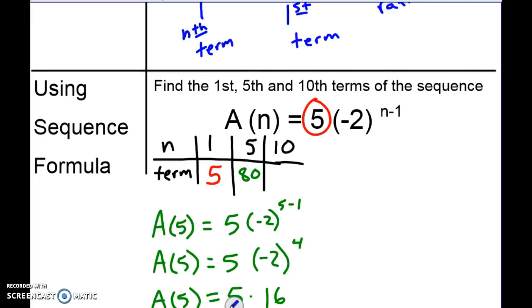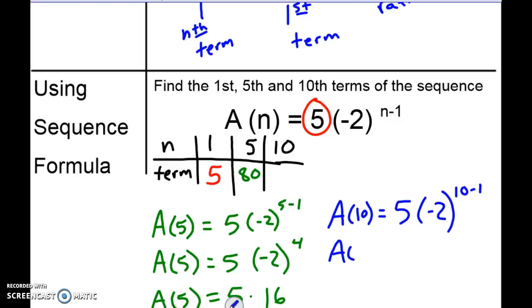If you wanted to find a of 10, you would say we have 5 times negative 2 to the 10 minus 1 in the exponent. Just rewriting here, we would have negative 2 to the 9th. Some of you might be able to skip that step, but be careful when you do. Then 2 to the 9th is a tricky one that you would want to use your calculator for.